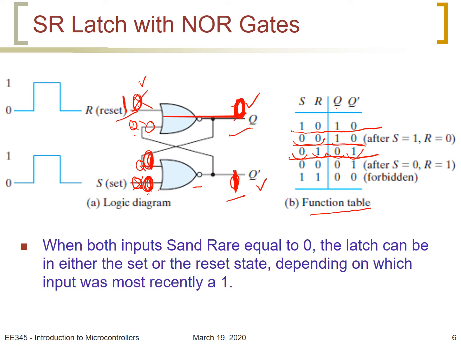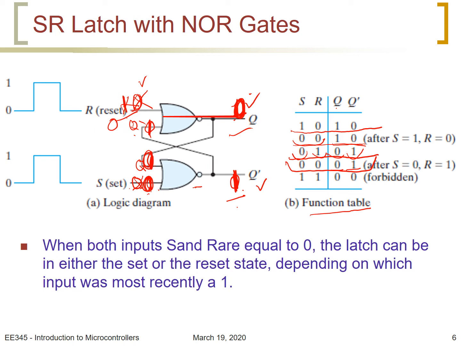Now let's make R again 0. What will happen? When R is 0, this one here that came from Q prime will keep this 0 and this 1. And the latch will keep Q equal to 0 and the Q prime equal to 1, although both R and S are zeros.